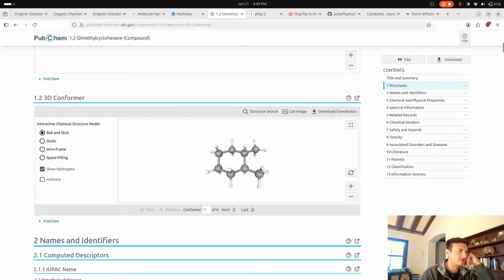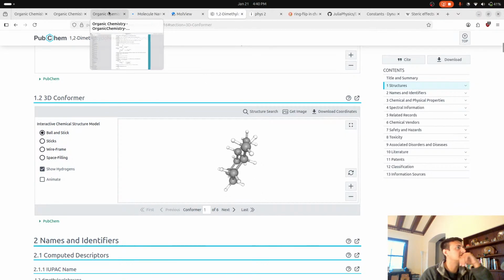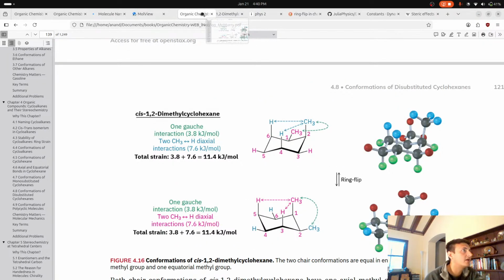This is equatorial and this is equatorial. So here we have 2 equatorial, but in the case shown here we have an equatorial and an axial. Okay, but I get it. So 2, they call it diaxial. I thought they called it eclipsed. 2 eclipsed interactions. And 1 gauche.